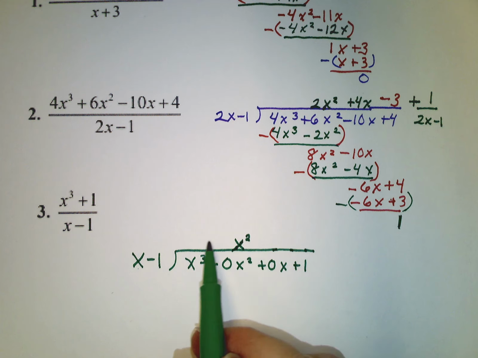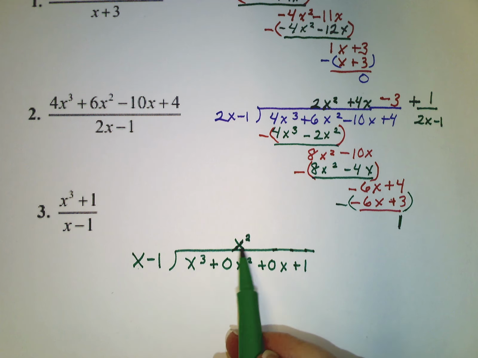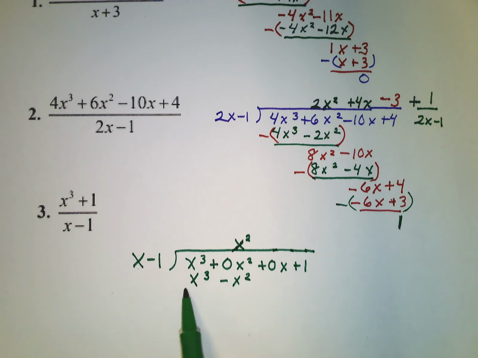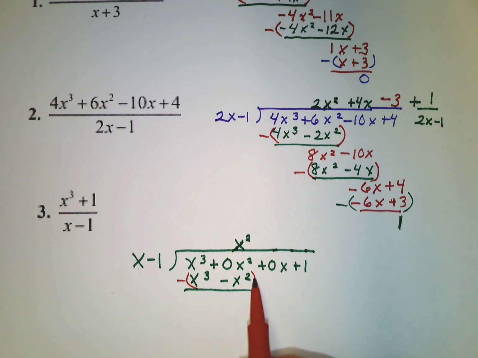So we're going to take x squared times all of this. It's going to be x to the third minus x squared. And we get to subtract those. These go away. 0 minus negative 1x squared. Well, that would be 0 plus 1x squared.